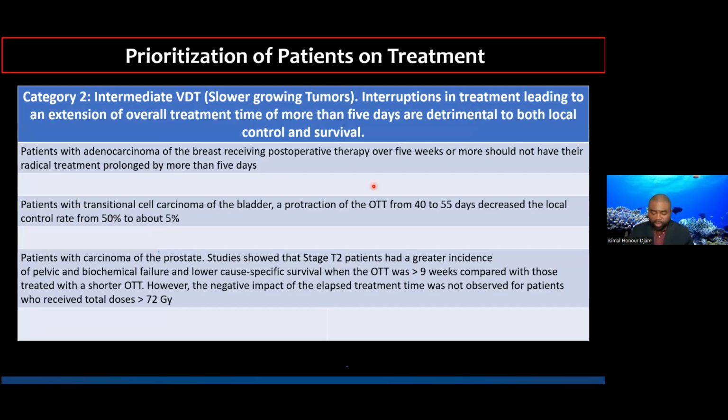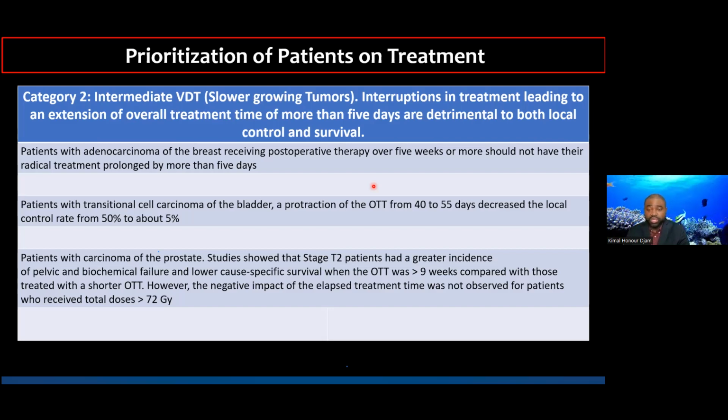Now, of their about 853 patients, 84% did receive adjuvant chemotherapy or hormonal therapy, and patients who experienced interruptions of 8 days had a significantly lower local regional control with an overall lower survival compared with patients without any interruptions of 1 week or more.